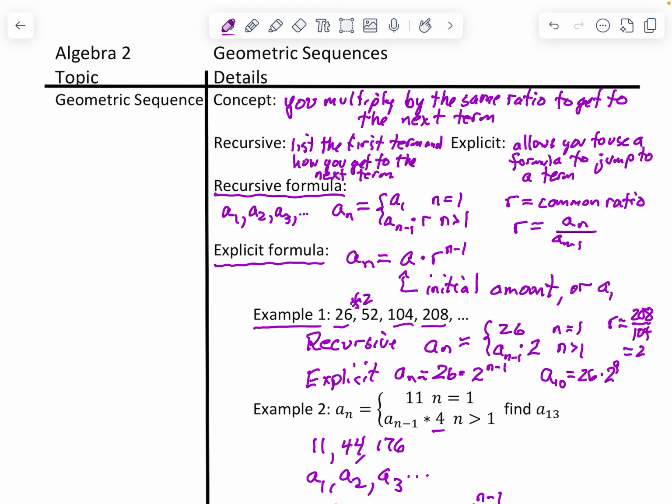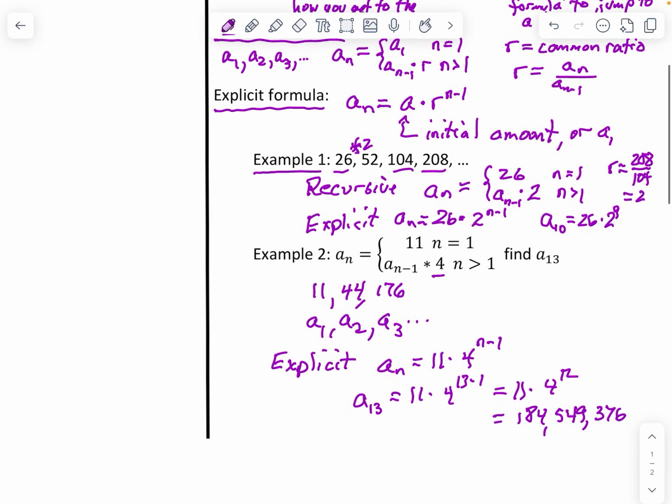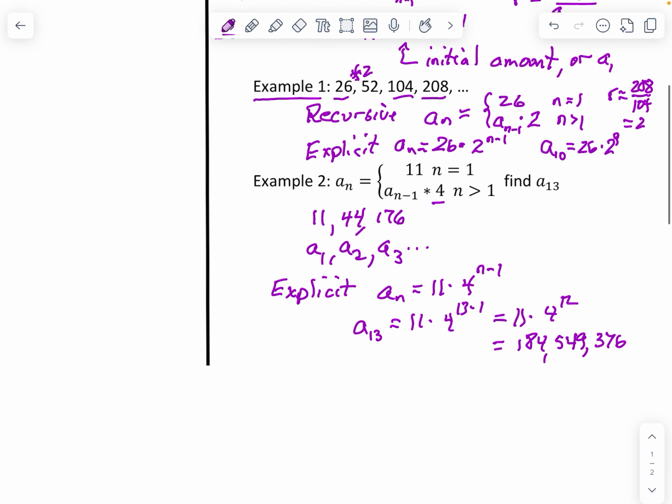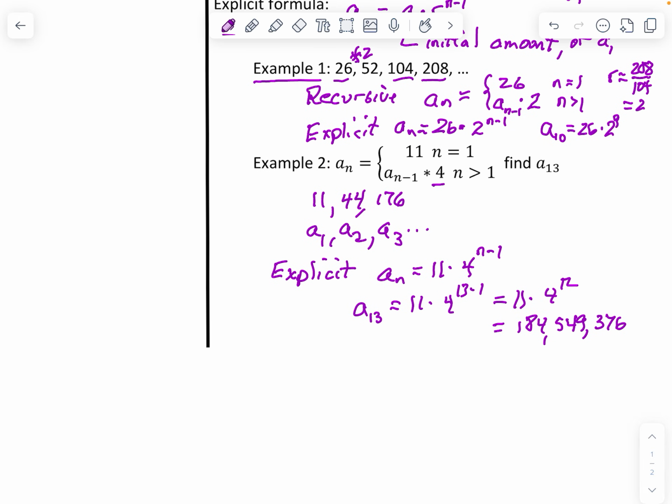The explicit formula allows us to jump to a term somewhere in the sequence. Like this last one, we jumped to the 13th term by putting in the first term, 11, times the common ratio 4 to the 13 minus 1 power, and got our final answer. So our objective was to find the sequences from the formulas and also use the formulas to come up with the sequences. So we're using that to find information about geometric sequences.